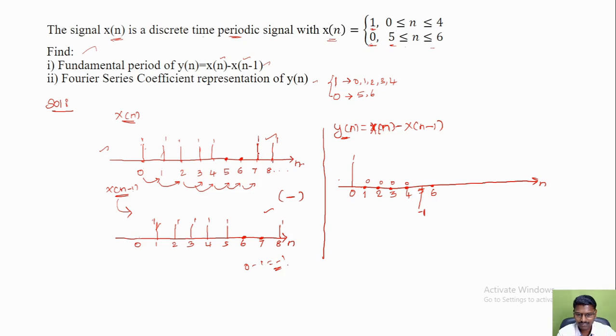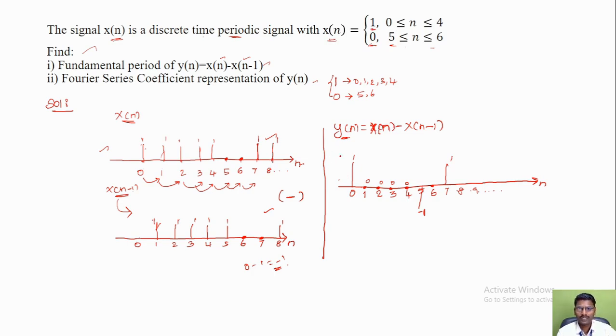Next, x of 7 is 1 and x of 7 minus 1 is 0, so 1 minus 0 I will get 1 for the 7th sample. Similarly for the 8th sample, 9th sample, and so on. So this is the representation of y of n for the given periodic signal x of n, right?